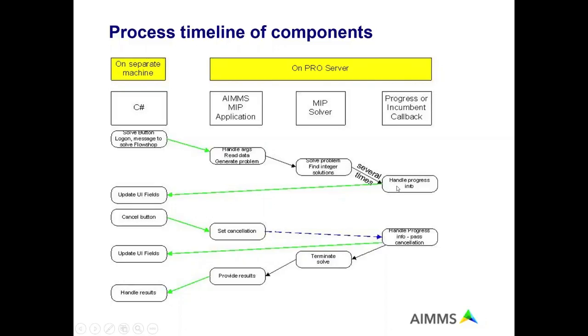Each time it finds a better solution, it will be called with an incumbent callback. That's an AIMMS procedure, and for the solve statement you can specify which AIMMS procedure is to be called for doing the incumbent handling.